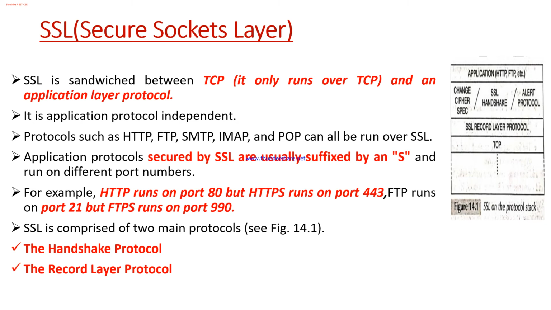In the record layer protocol, all the keys generated here and all the hash computation that is supposed to be performed will be done by the record layer protocol. Any message exchanged between the two will be encrypted or secured by the record layer protocol. That is how things are exchanged between those two.